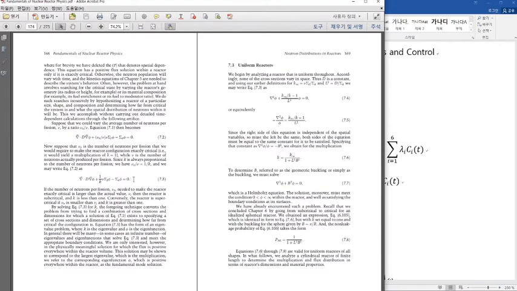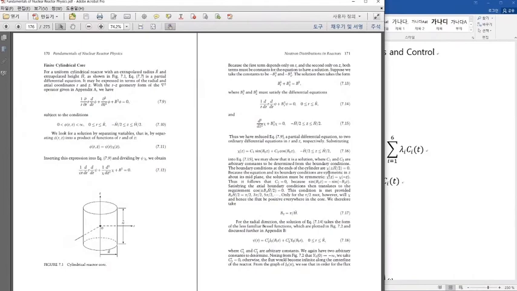After having this understanding, 7.3 is for uniform reactors, and then the finite cylindrical core.